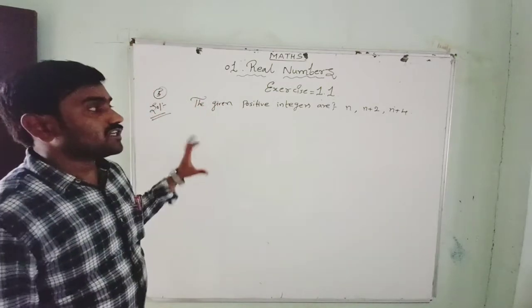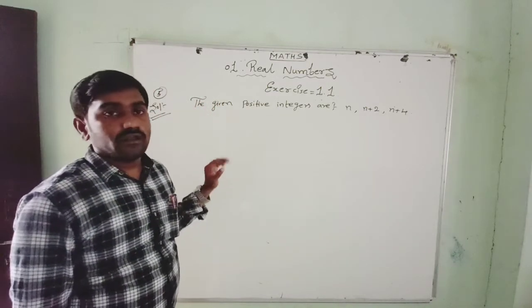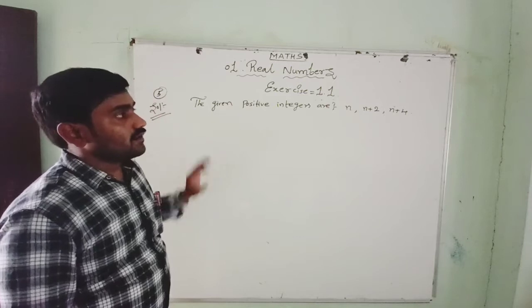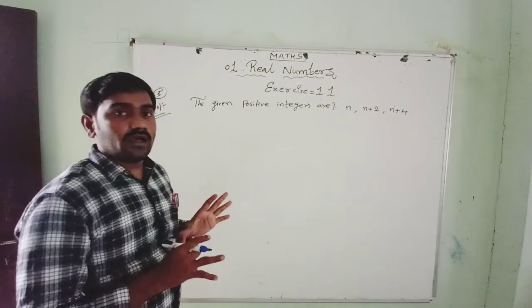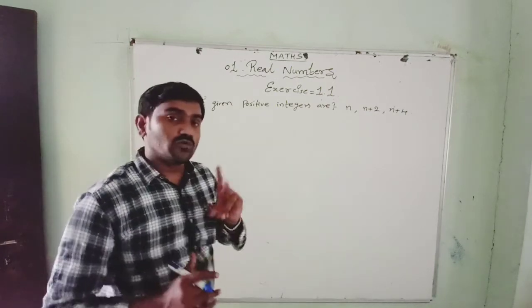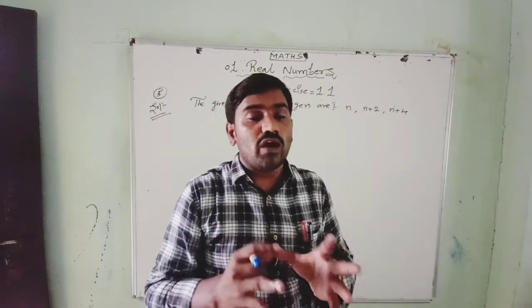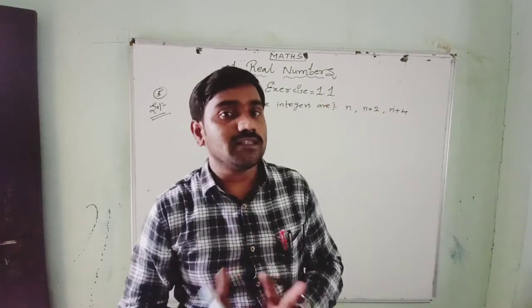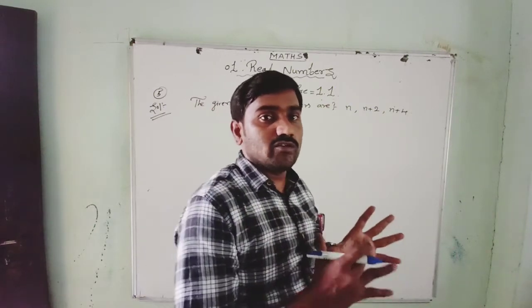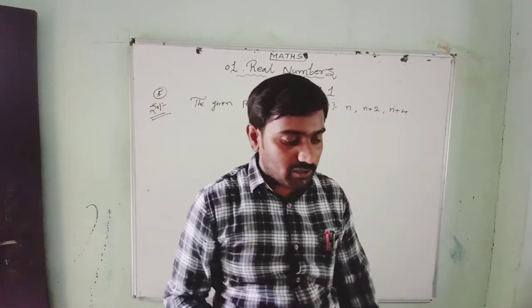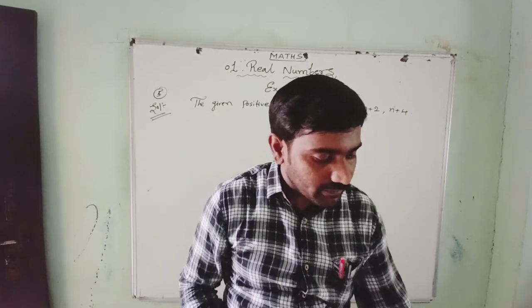We have to check the divisibility by 3. When we divide by 3, there is case 1 and case 2. Then we have to solve in the two cases. When n is divisible by 3, then n plus 2 and n plus 4 are not divisible by 3.